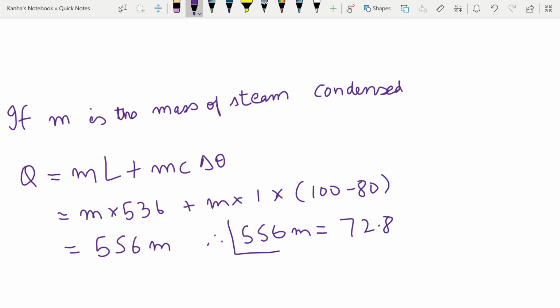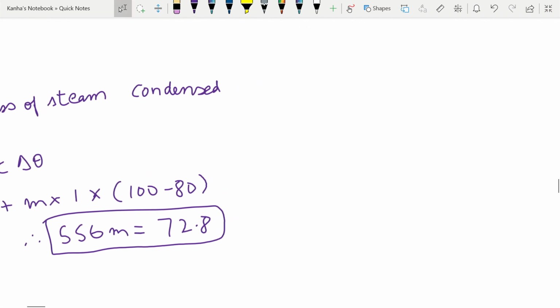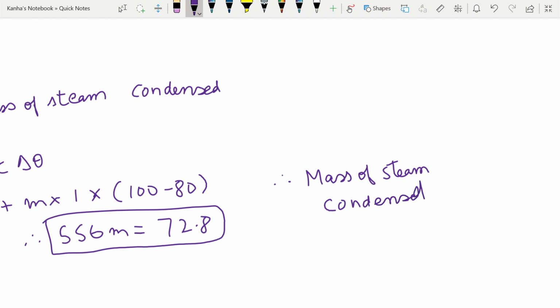Using this I can get my mass of steam condensed, m is equal to 72.8 divided by 556, which is equal to 0.130 kg.